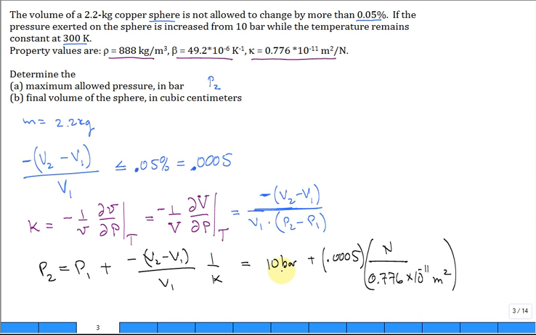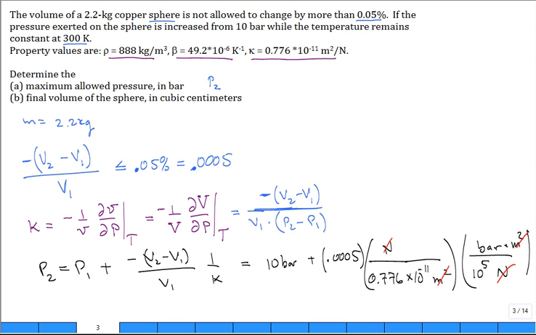We notice this is in bar, this is in newtons per meter squared, so we'll use a unit conversion that a bar is 10 to the 5th newtons per meter squared. True? So the newtons go, the meters squared go, we're left with bar.